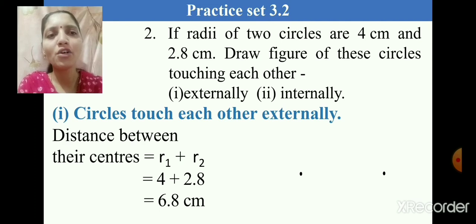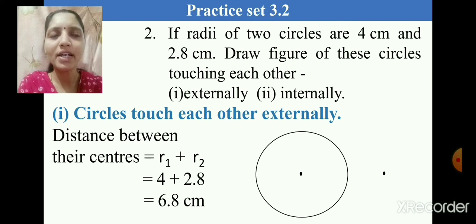First you will draw a segment of 6.8 cm, or directly draw a circle of radius 4 cm. Then draw a circle of 2.8 cm radius, and see that these two circles touch each other at a single point.